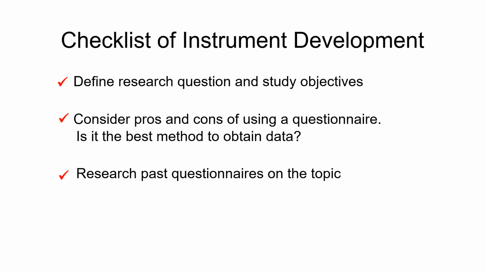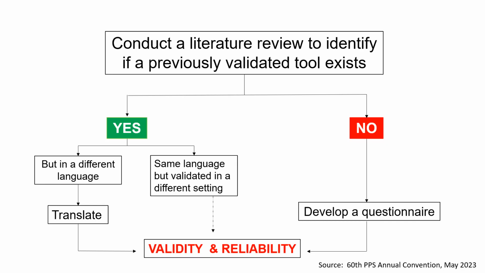There is a need to do a lit search to identify if a previously validated questionnaire exists. If there is, it is advised to use existing questionnaires because not only does it save time and effort in developing one, it also obviates the need to establish validity and reliability of the tool.